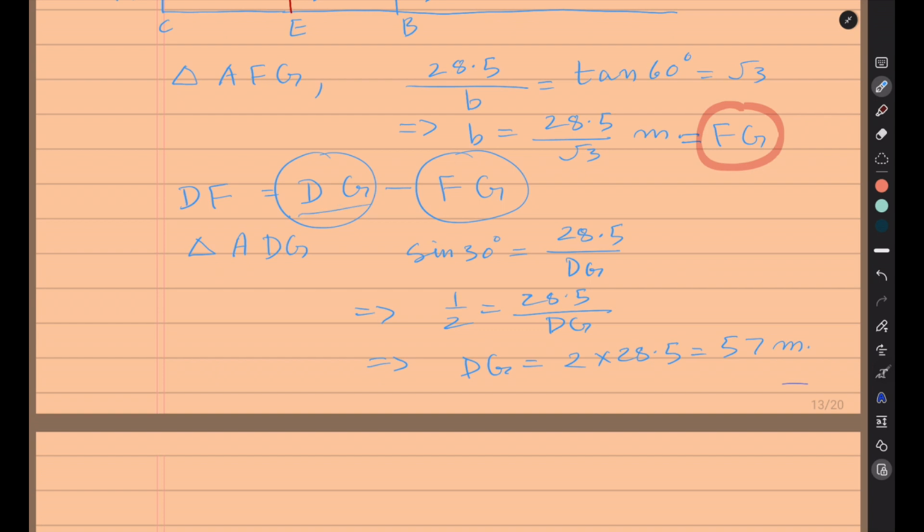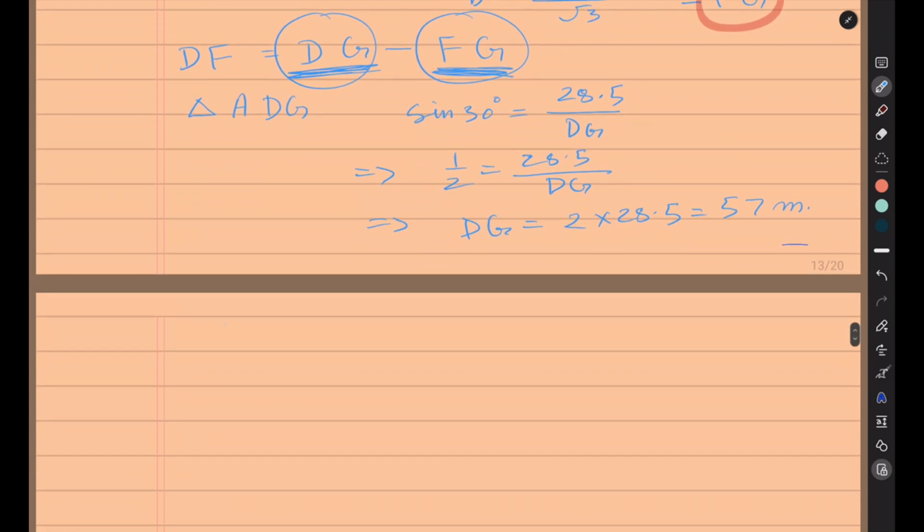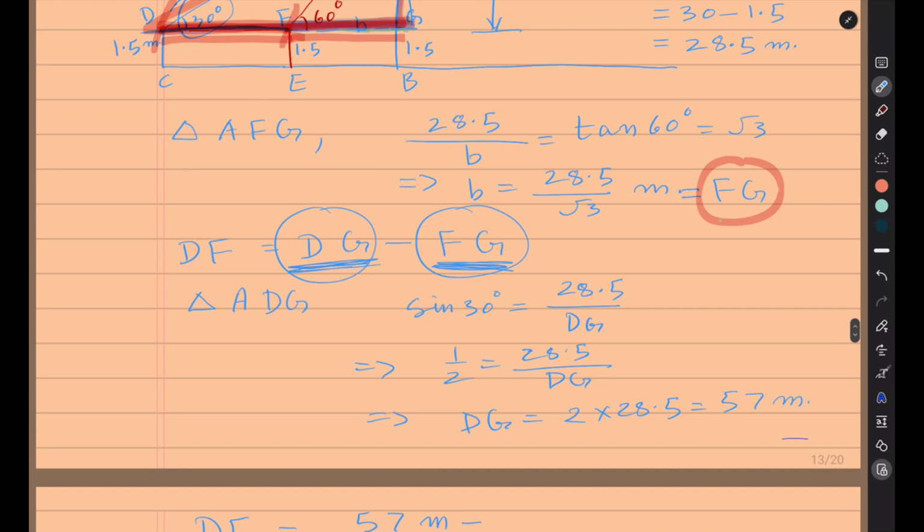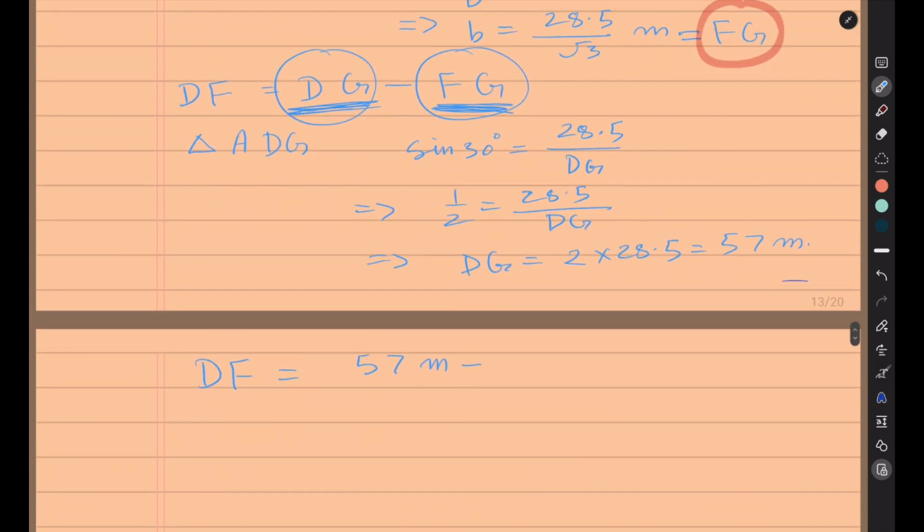So now as we know DG and we know FG, we can say that the distance the boy walked towards the tower is DG minus FG. So DG is 57 meter minus FG. FG is 28.5 divided by root 3 meter.